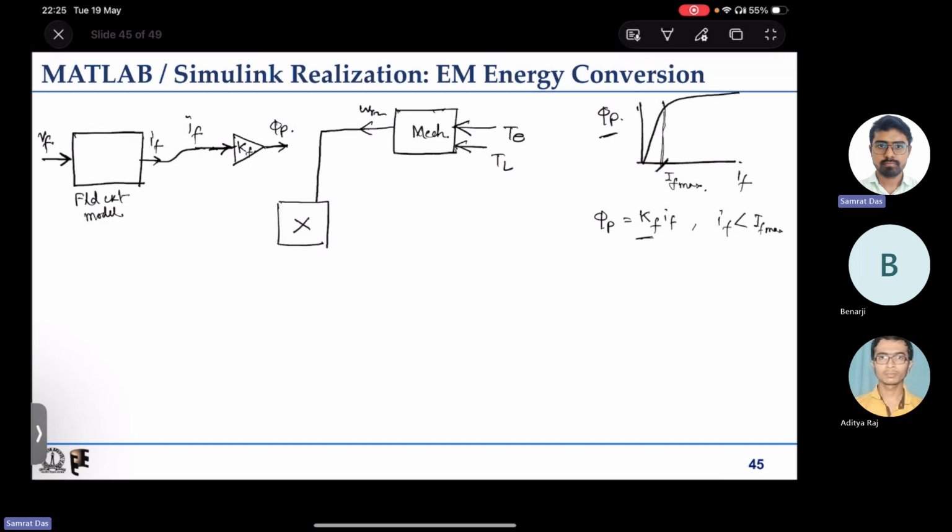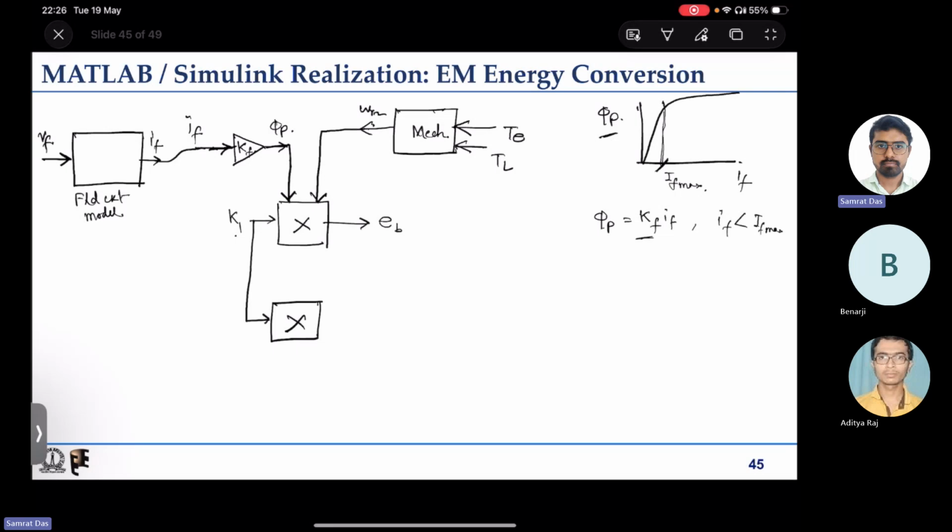So these two will be coming into this product thing, and there will be another constant k, say k1. So k1 into phi p into omega, that is the back emf that will go to the armature circuit model.